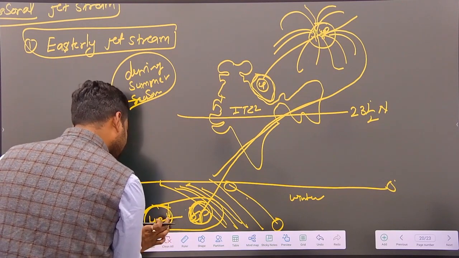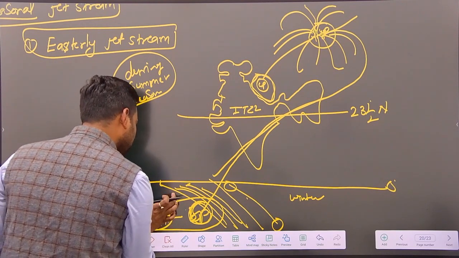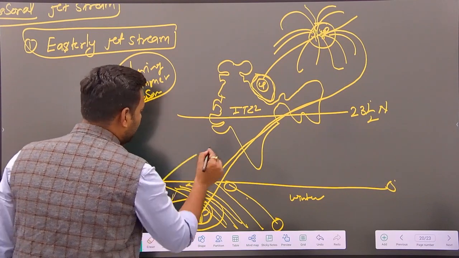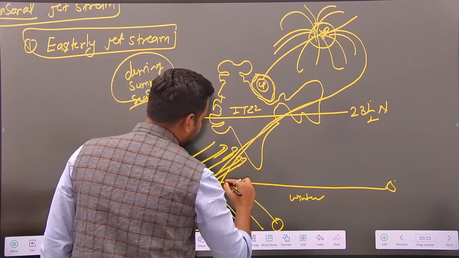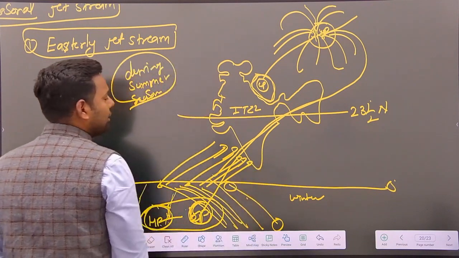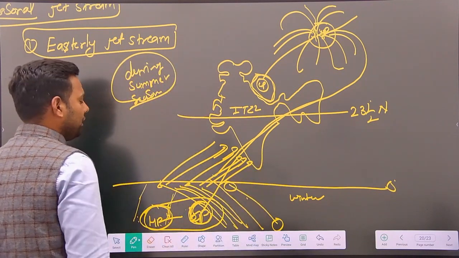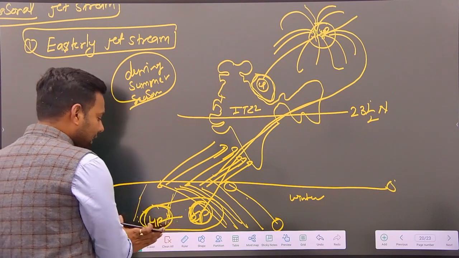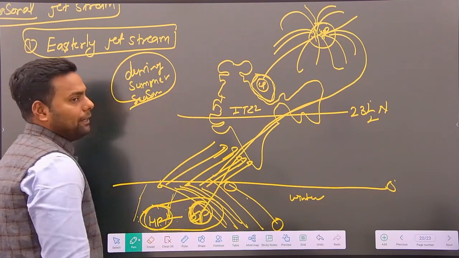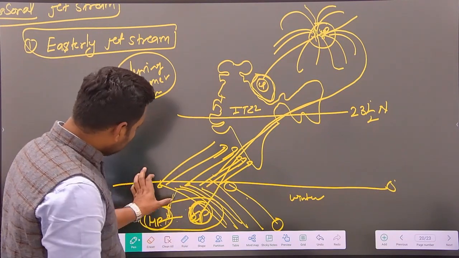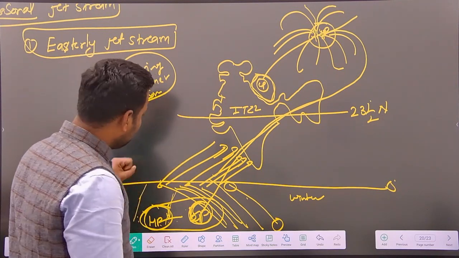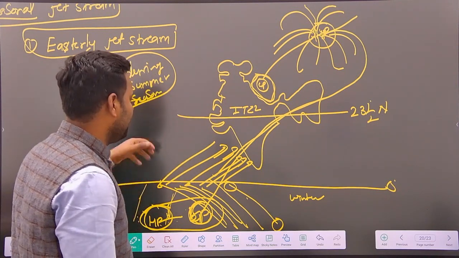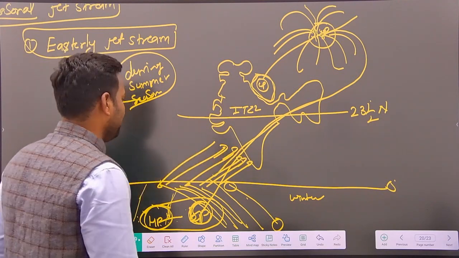This strong subsidence of high pressure pushes the southwestern monsoon more strongly towards the Indian subcontinent. It carries more humidity from the Arabian Sea and the Bay of Bengal.